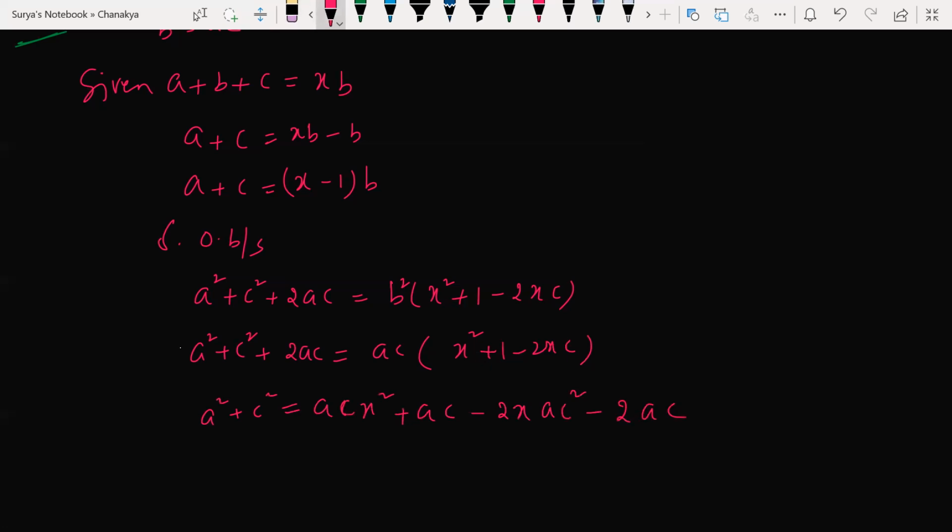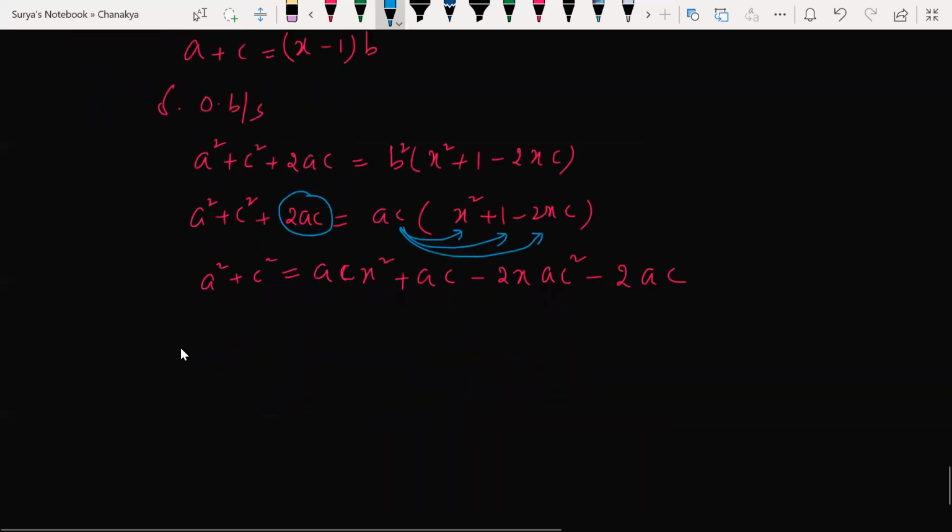Any doubts? What I did here is I multiplied this AC with every term, and I shifted this AC to the right hand side. Clear? So now here let's write like this: A square plus C square is equal. Let's take AC common in each and everything.